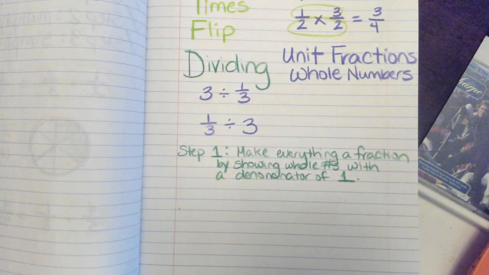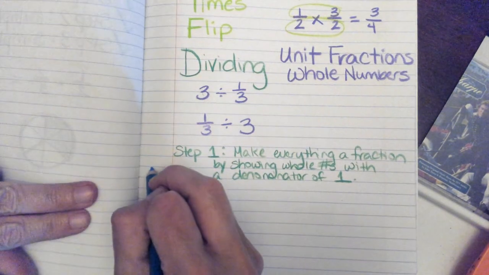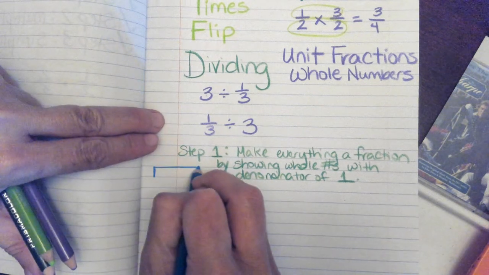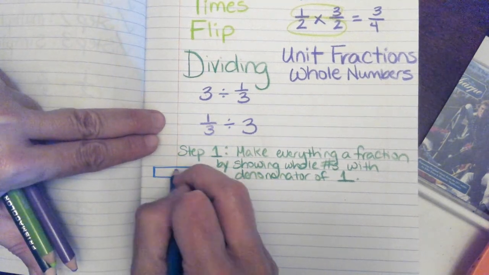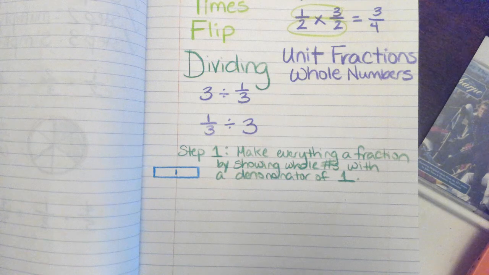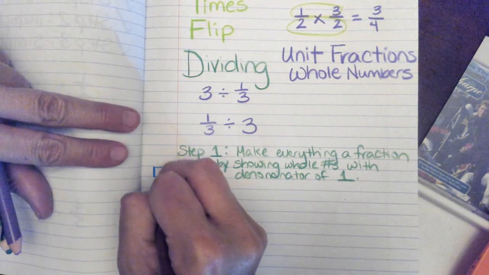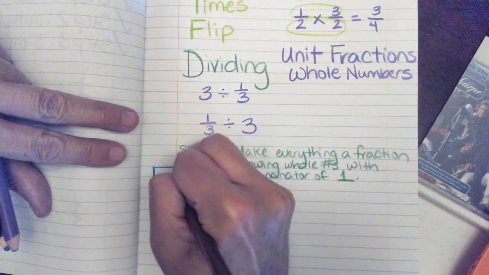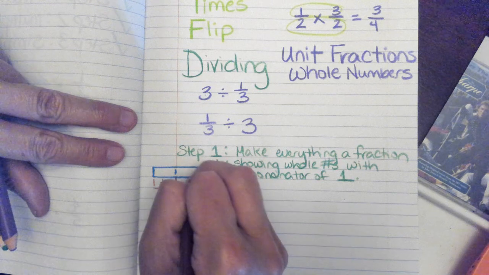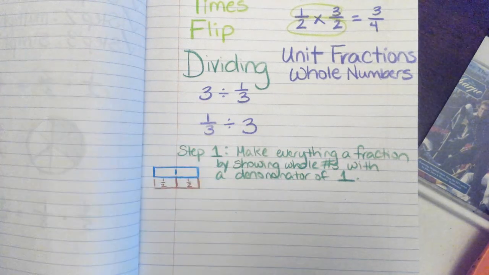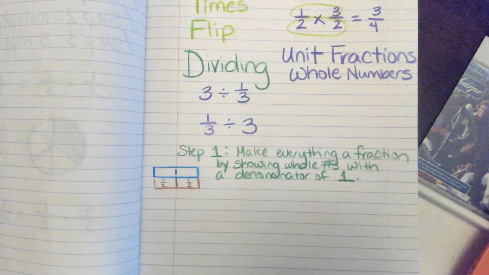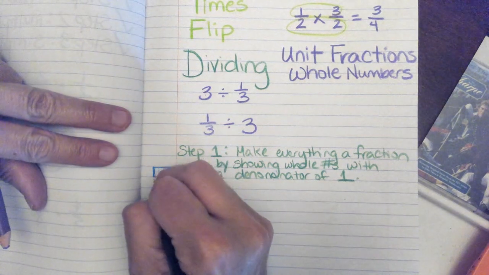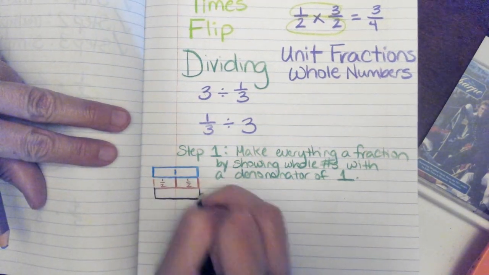What do I mean by that? Do you remember working with these things called fraction bars? There was a whole bar that had a 1 on it, and then there were 2 half bars, and then there were 3 of these 1/3 bars.